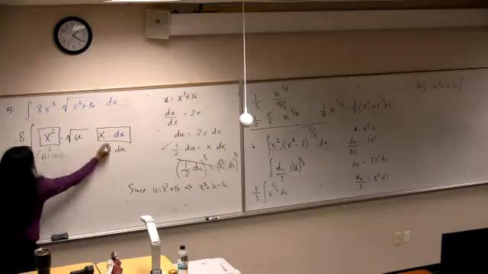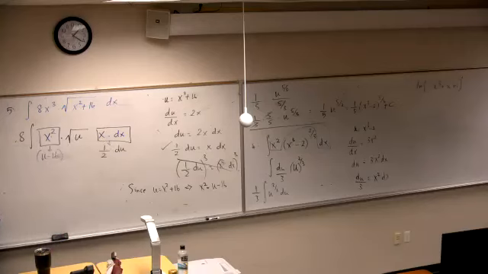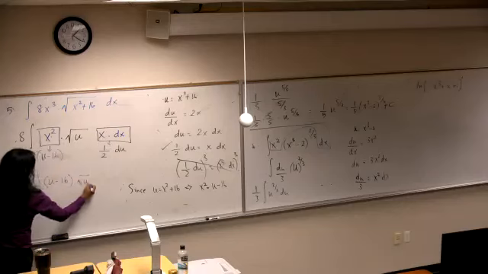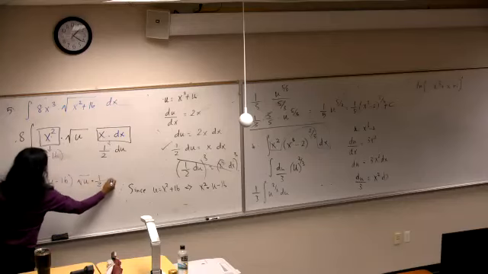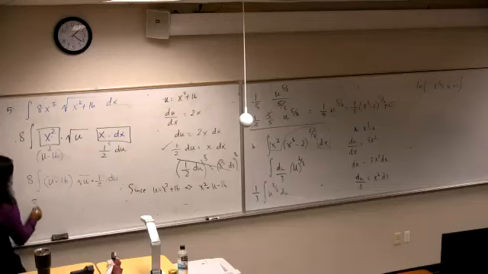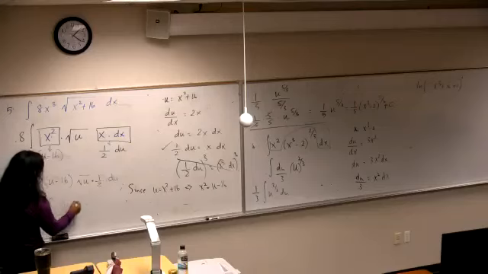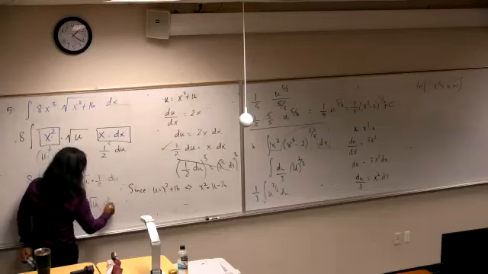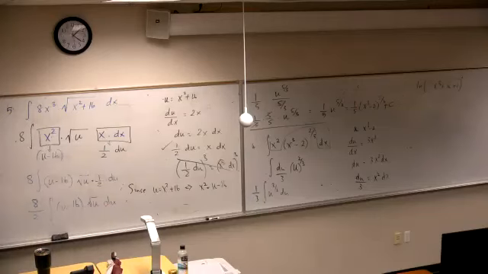So that integral is u minus 16 times root u times 1/2 du. That's what I read aloud. Now, bring that 1/2 out of the integral. 8 divided by 2, u minus 16 times root u du. Good.